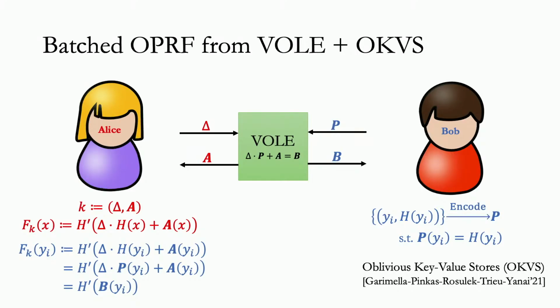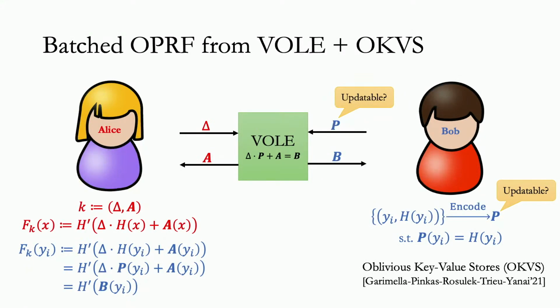There's some argument of why that is a PRF and why Bob can evaluate it on his elements, which I'm going to skip. But this is the high-level idea of the protocol. Now, if you look at the protocol, if we can achieve some sort of updatability of the OKVS, then hopefully we can get updatable batched OPRF and then hopefully updatable PSI.